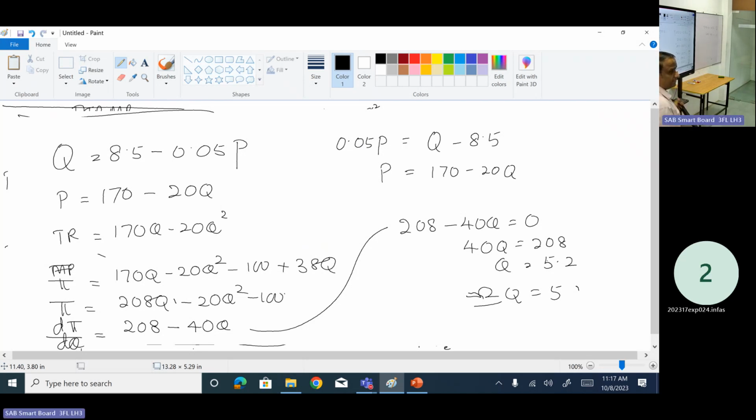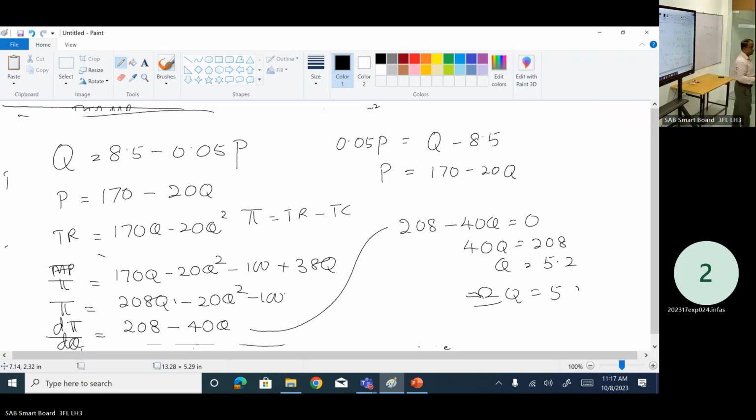Right. Can I go to the other? Sorry. Here, profit is TR minus TC, then minus converting into plus.